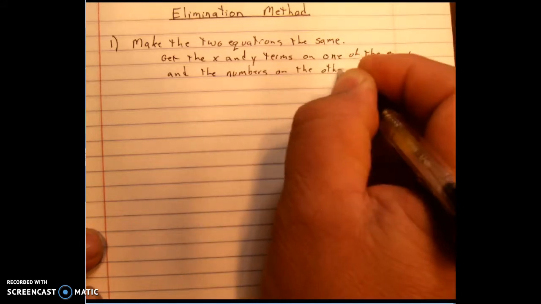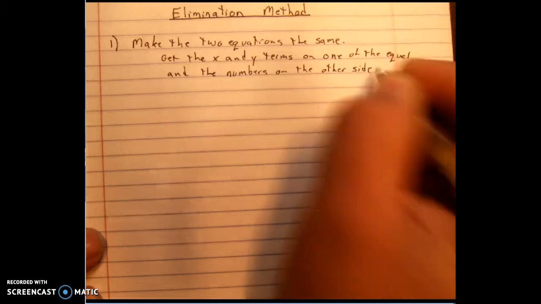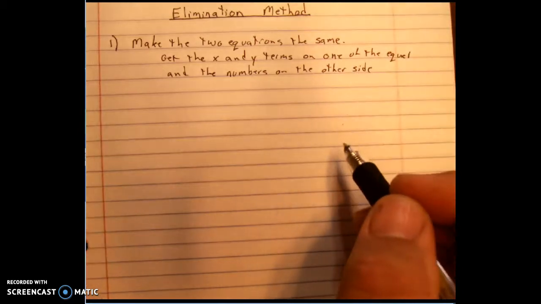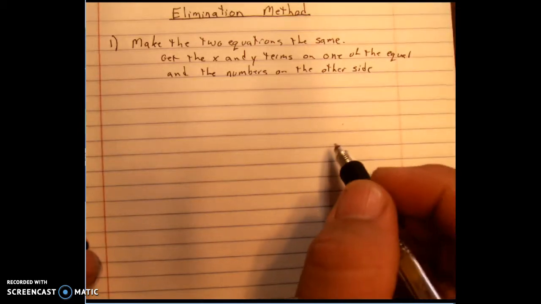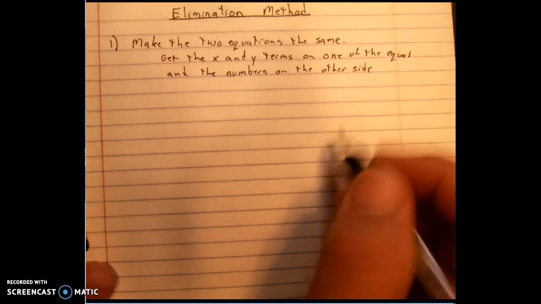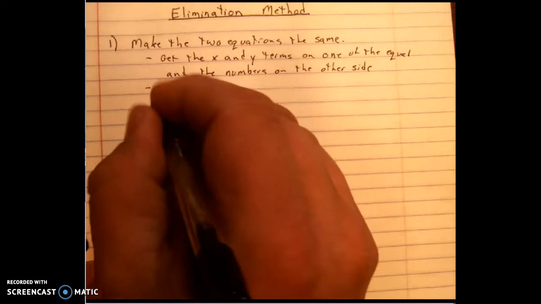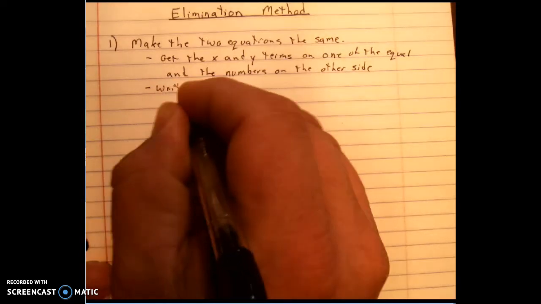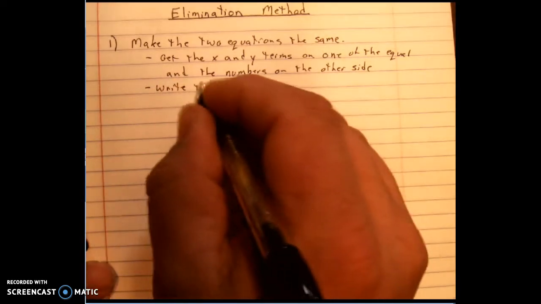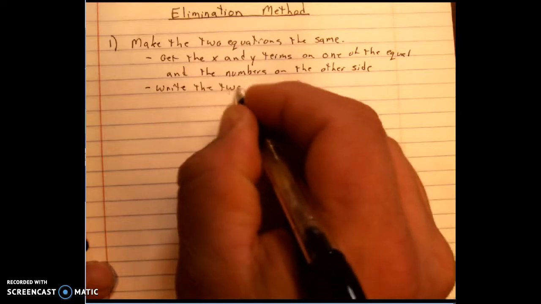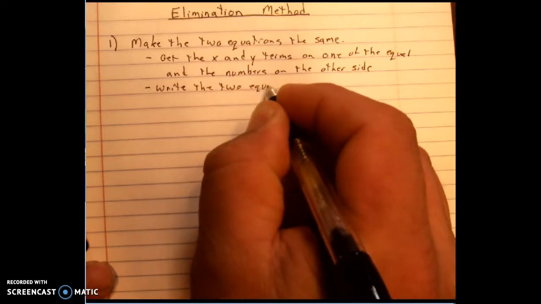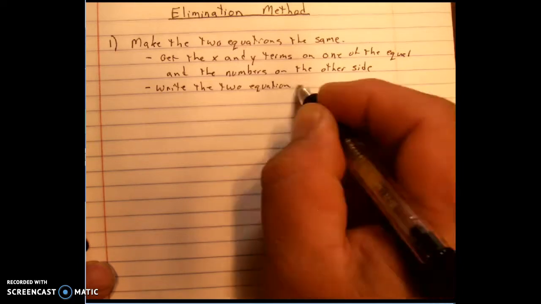Now, technically, you don't have to have them look this way, but it's kind of a nice standard to get into. When you get that like that, write the two equations above one another, so they line up.